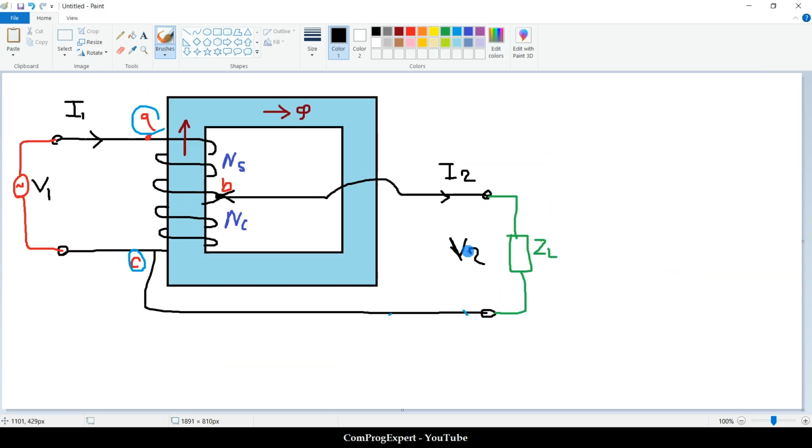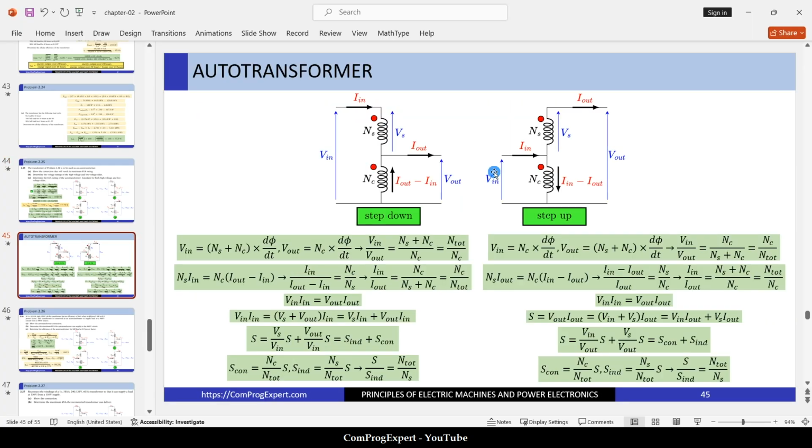So what is the case for an auto transformer? Here, consider this step down case. For example, this is I1 and this is I out. The current in this branch, if we consider this reference direction, is I out minus I in. We can write this magnetomotive force balance equation.